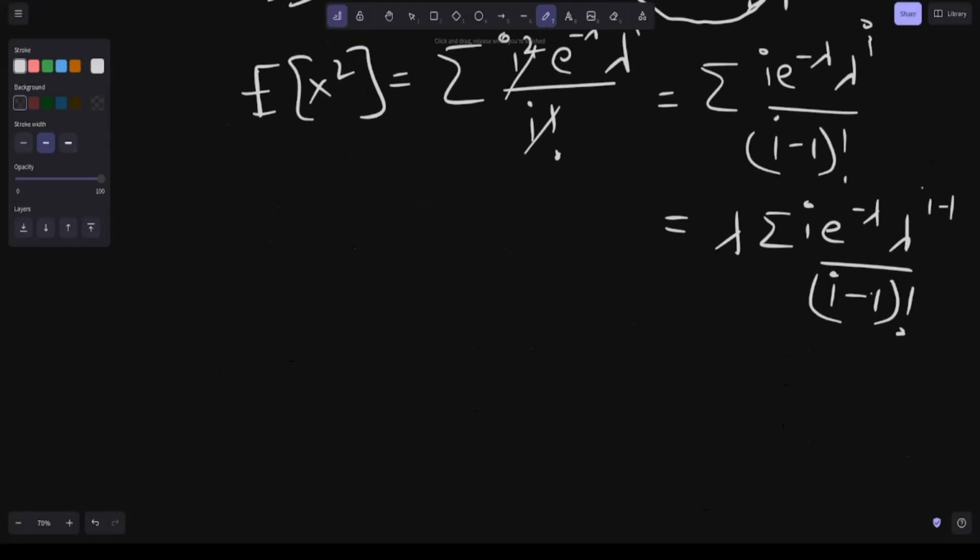Now let's induce something like this, where it becomes (j plus 1) e to the power minus lambda, lambda to the power j by j factorial. So I have induced something like this.